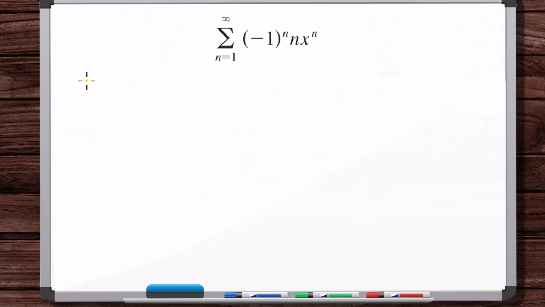So the absolute value of a sub n plus 1 over a sub n, okay, and this is a sub n, right? You can imagine that. So when we're finding the radius and interval of convergence, you're thinking about how within that interval you can pick a value of x.